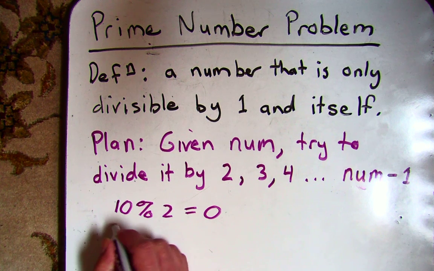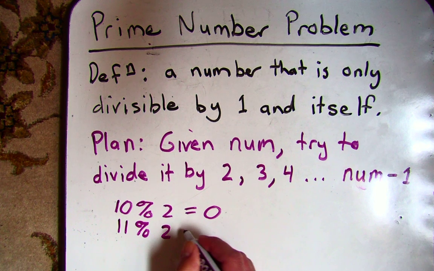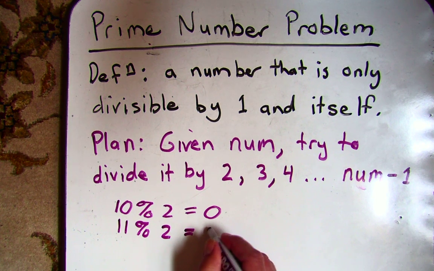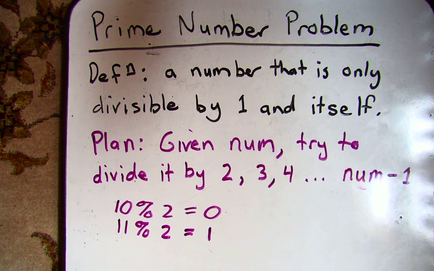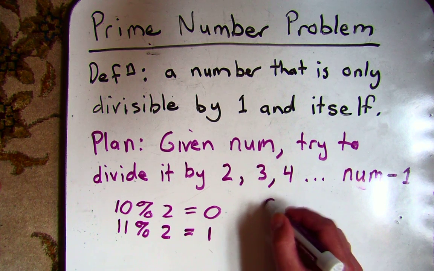If we had some number like 11 and we mod that by 2, we would get 1, because 1 is the remainder when you divide by 2. Now, can we conclude that this number is prime? No, we can't conclude that right away because we haven't tried other numbers. It's true that it is prime, but 9 is a good example.